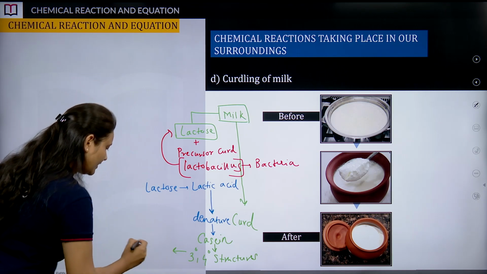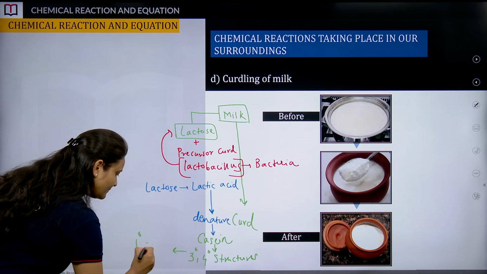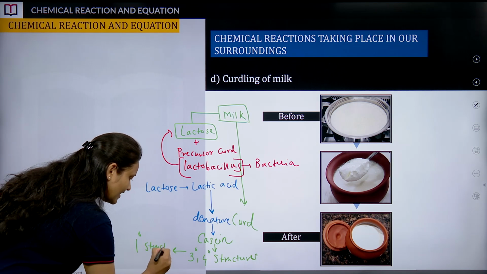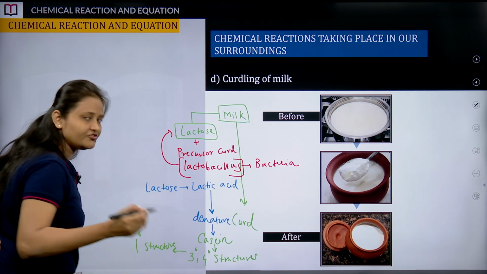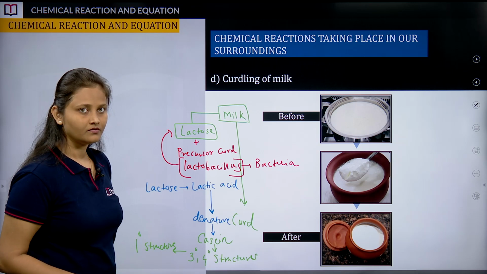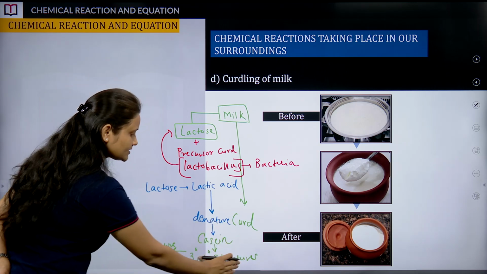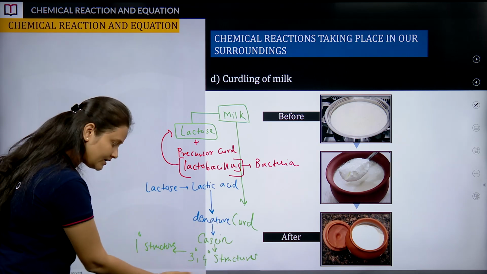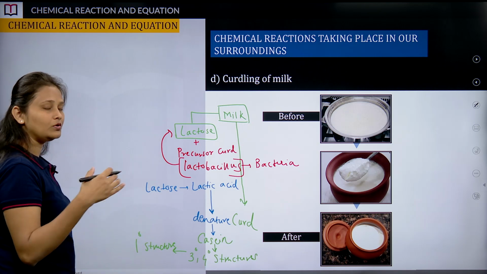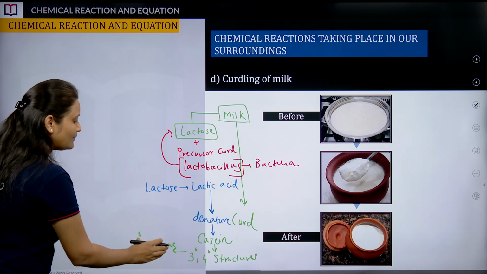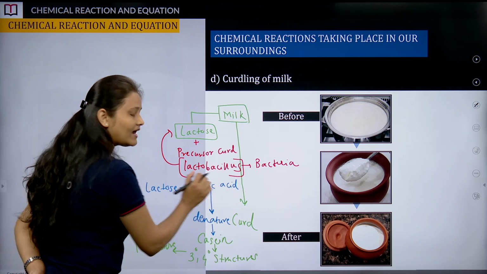They are going to get transformed into primary structure. Casein has this complicated structure, and it is now going to be simplified into primary structure with the help of lactic acid.